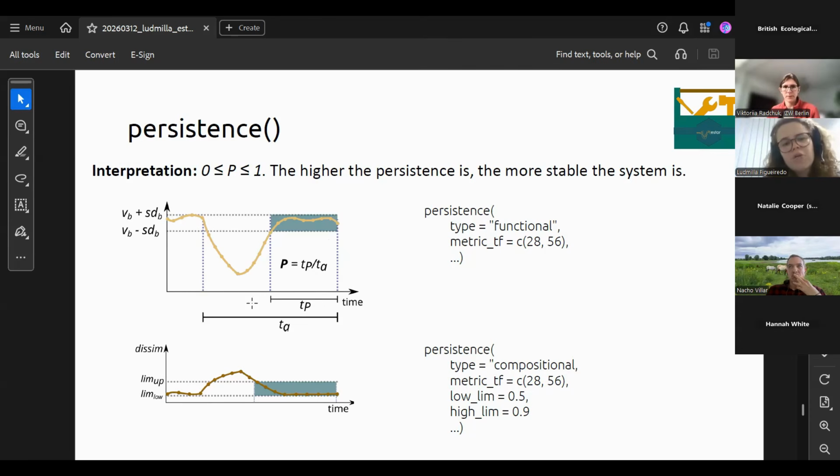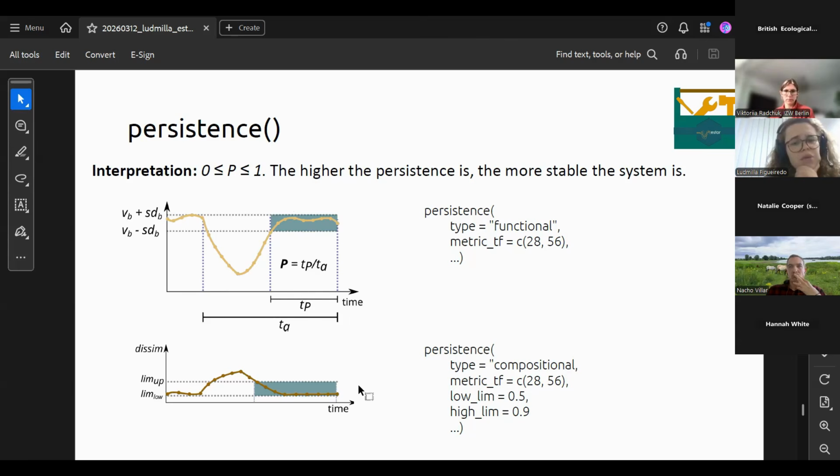And then we check the response time of your system. How much time did your system stay inside that limit? It's a proportion of time. If it stayed inside the whole time, it means your system is pretty stable. If not, then you see how far it got, how close to zero it got.